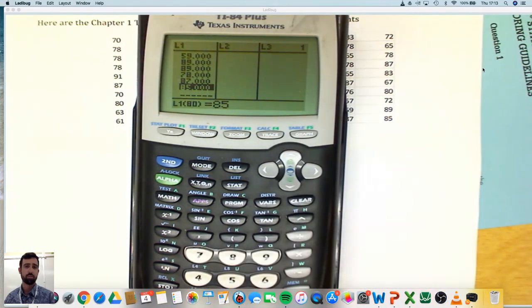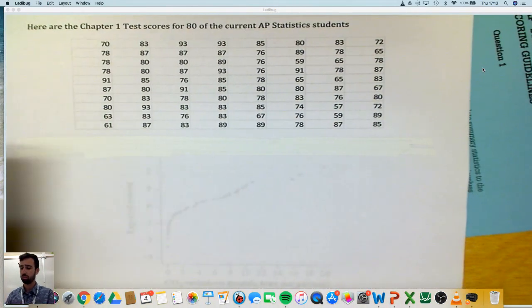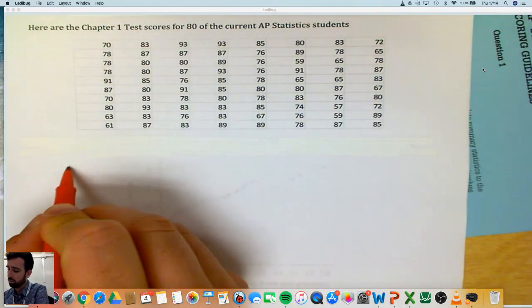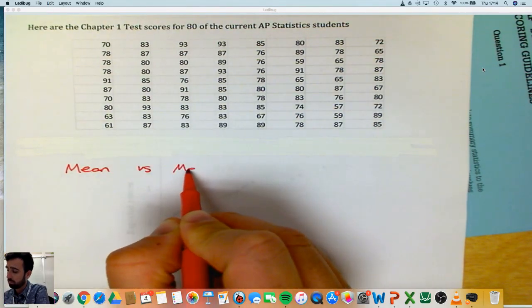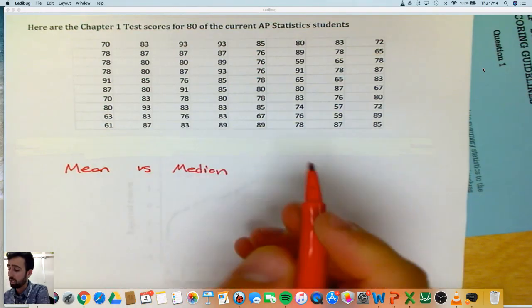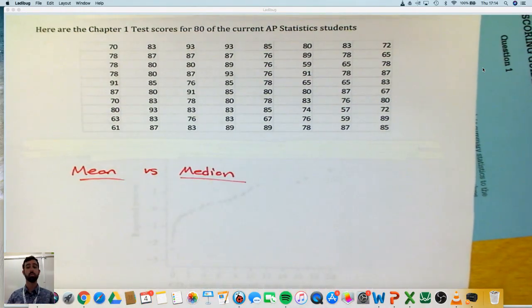Okay, so now that we have our data in there, we want to check first the mean versus the median. Now remember, if those two are the same or similar, there's a good chance we have normal data.